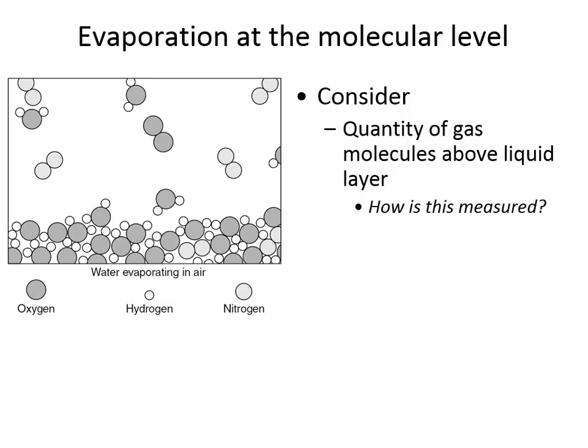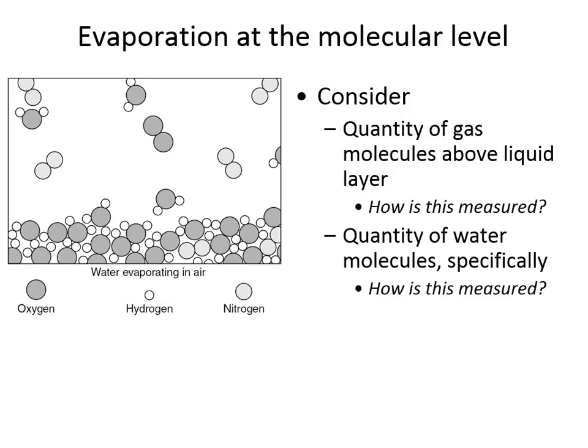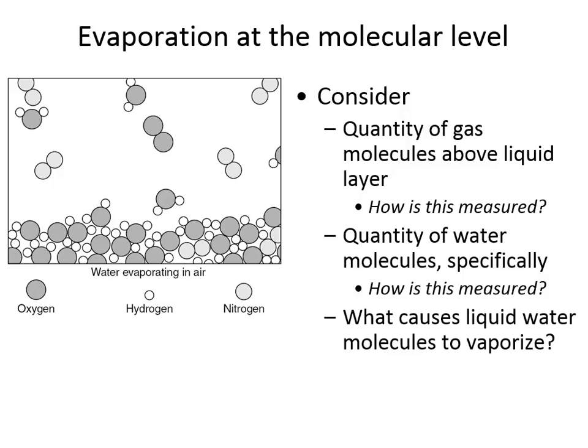And so relative humidity is expressed in a percentage. The quantity of water molecules themselves can be measured as a partial pressure or in terms of the percent relative humidity. And the reason why the liquid water molecules vaporize is just because of the kinetic energy that the solution has.